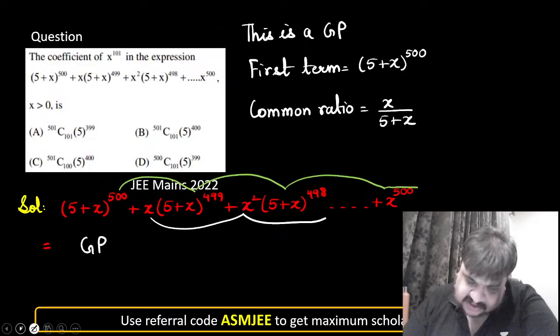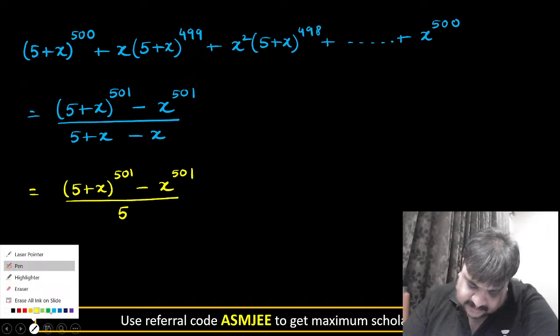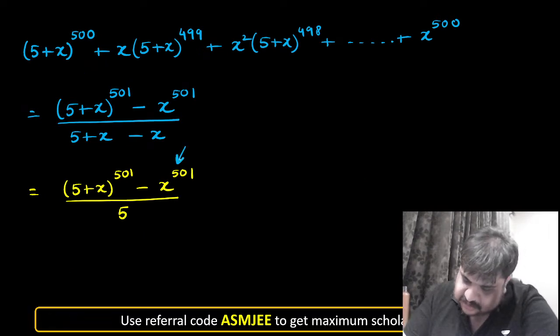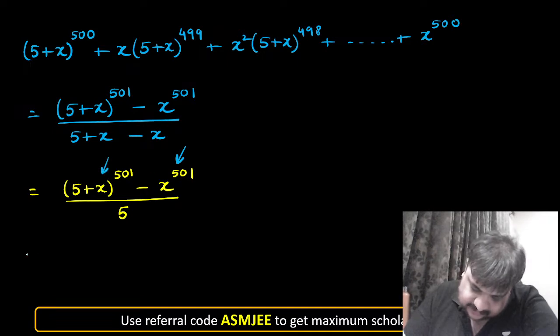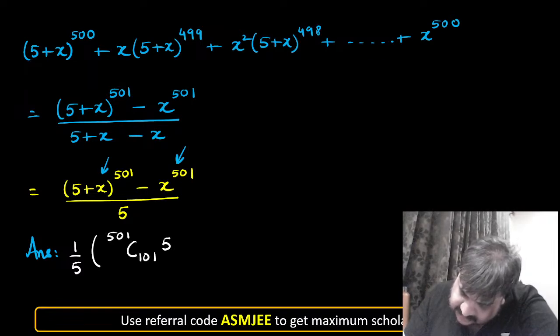We need coefficient of x raised to power 101. So to find x raised to power 101, this term will not give x raised to power 101, only this term will give. So the answer is 1 by 5, this thing, 501 C 101, 5 raised to power 400.